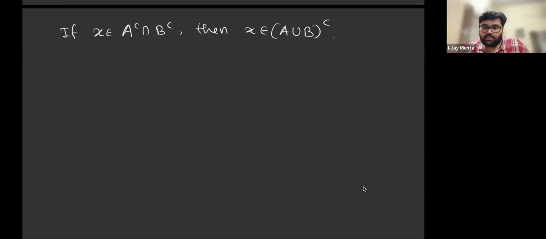Then what Pradnya and others said: that means x belongs to A complement and x belongs to B complement. But the first step is to start from here. Let x belong to this. Now what is the next step? Parth?